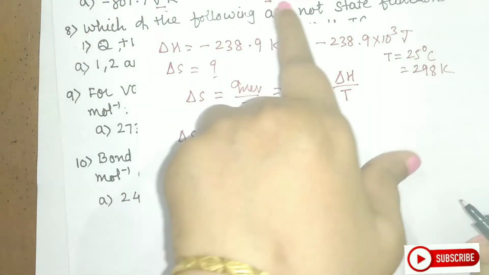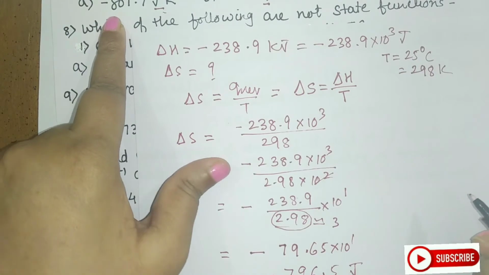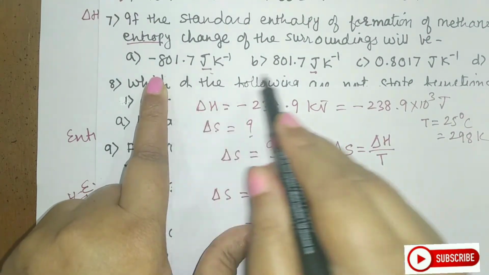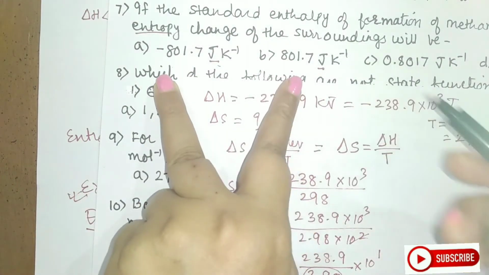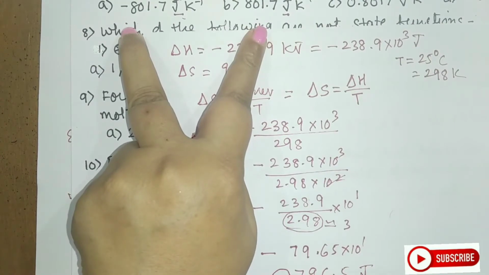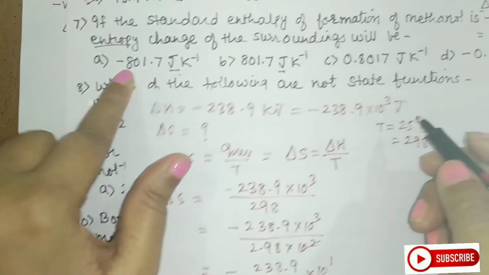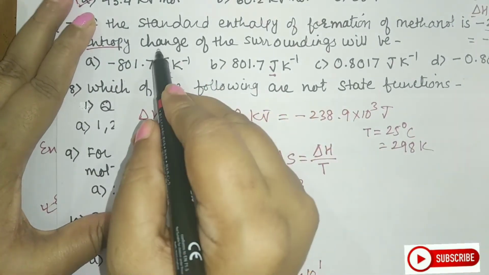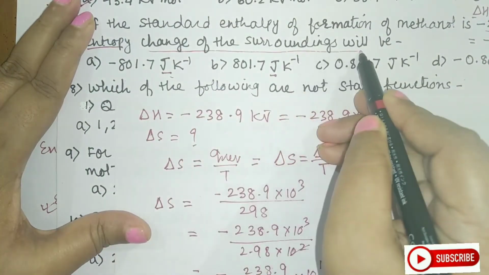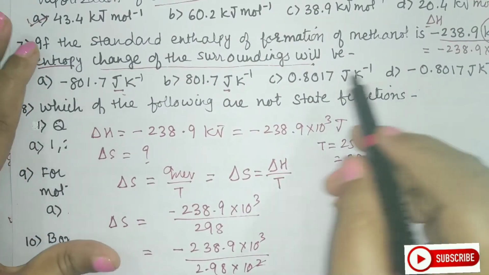So let us check this particular value, 796. So 796 means here what will be the value, students? Either the first option or the second option. So if you see the two options, I am getting this with the minus sign, so immediately you can jump to option 1. But students, it's very, very important to note that they are asking about the change of the surrounding. Now students, read the question carefully.